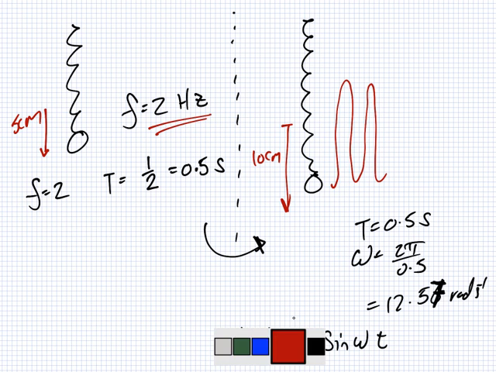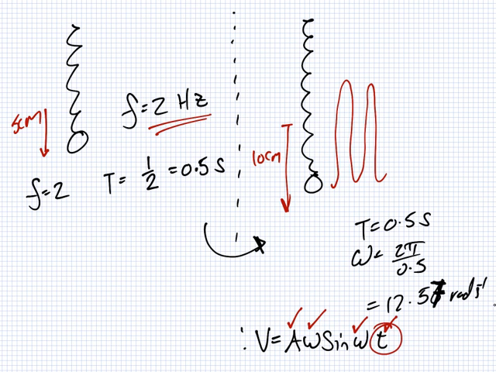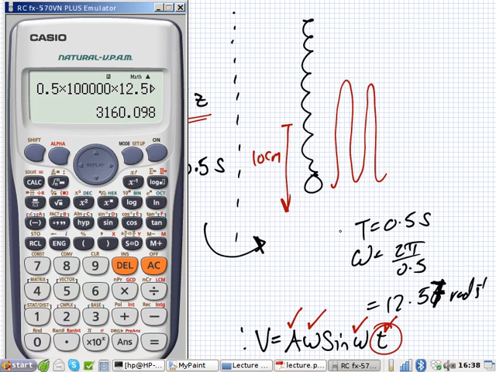Do I know A? Yes. Omega? Yes. And t? Yes, 0.7. So 0.10 times 12.57 times sine of 12.57 times 0.7, and I get 0.736.